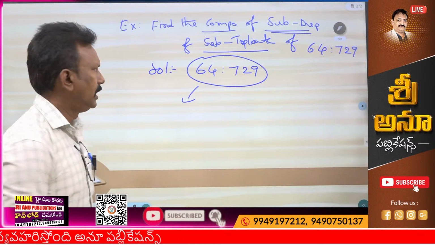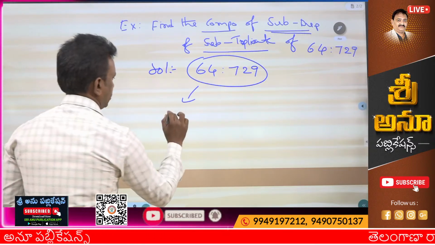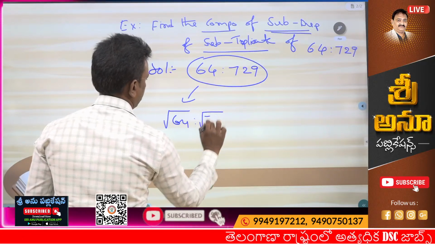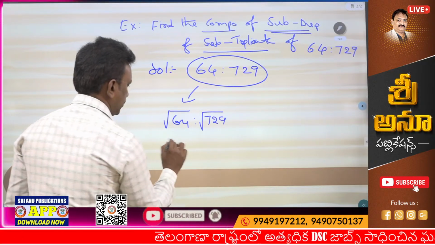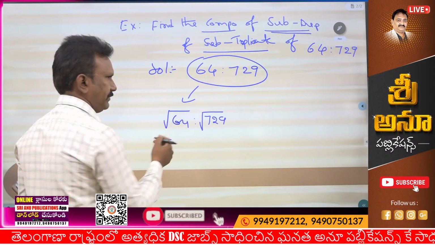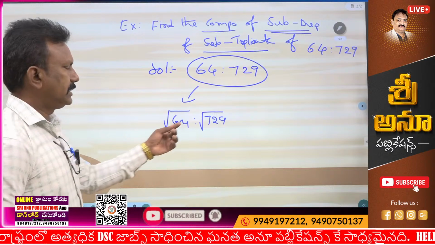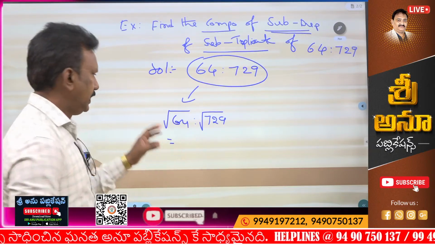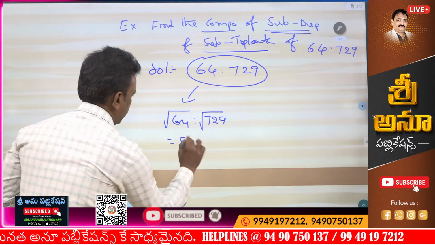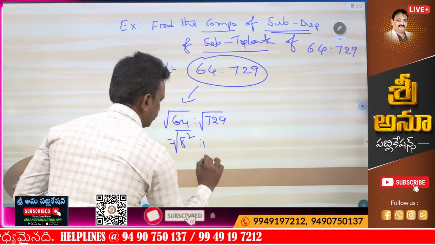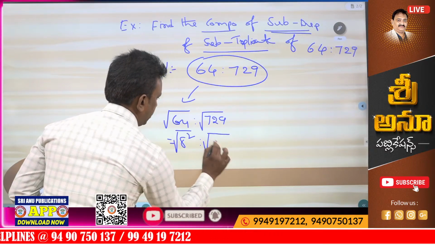So square root of 64 is to square root of 729. Yes, both are perfect square numbers.